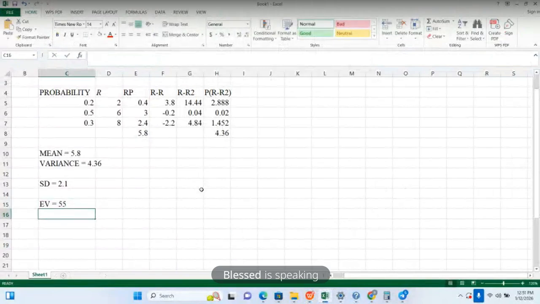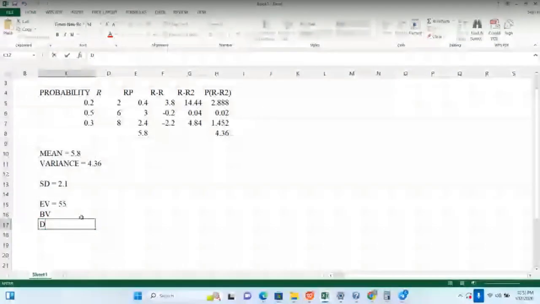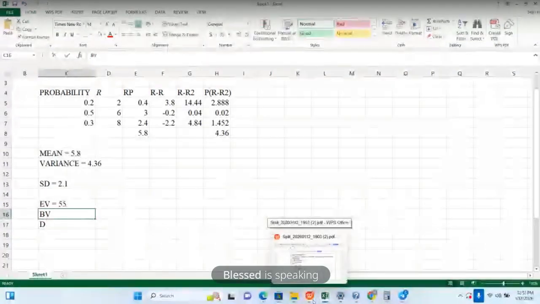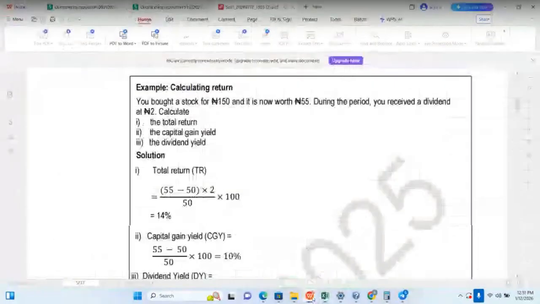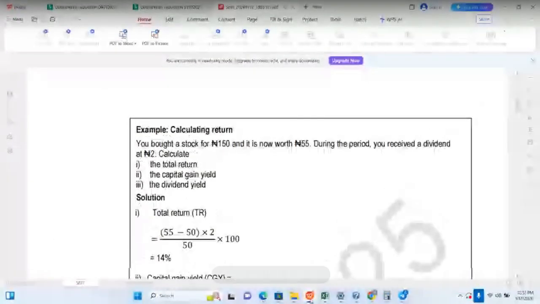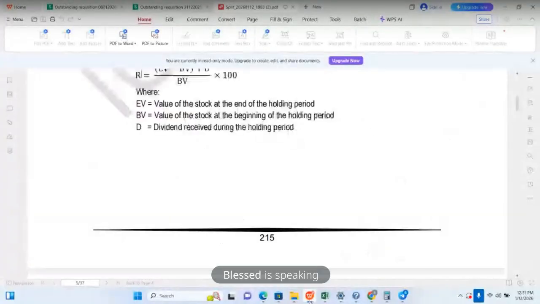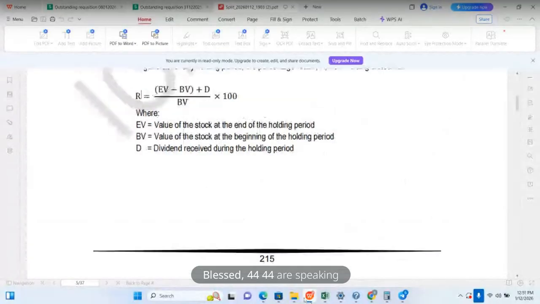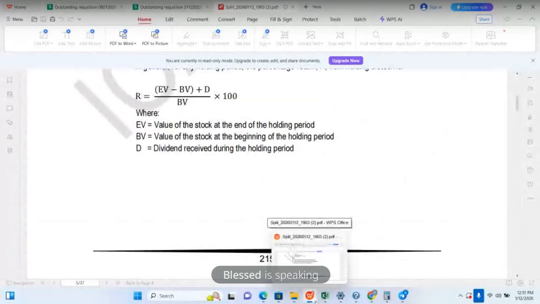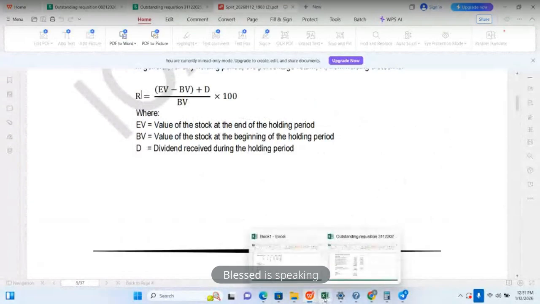Then we have the dividend, D. Our BV is the value of the stock at the beginning of the holding period, which is 50. And then our dividend is what? 2.